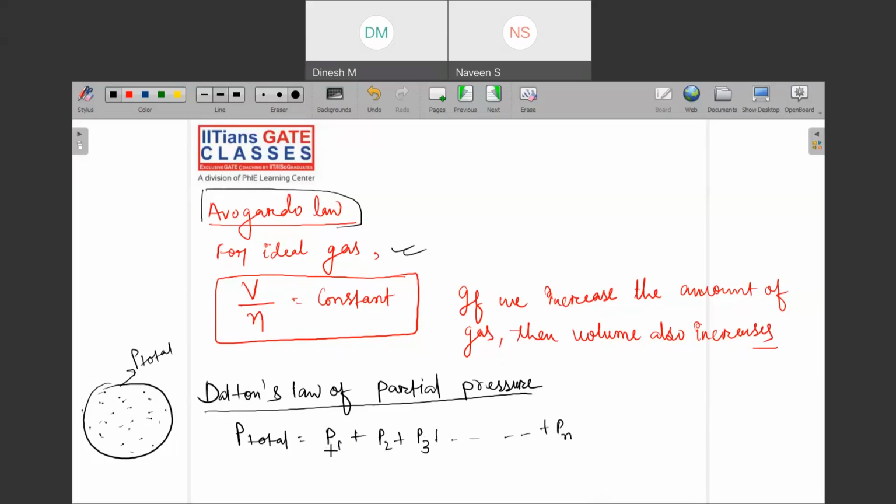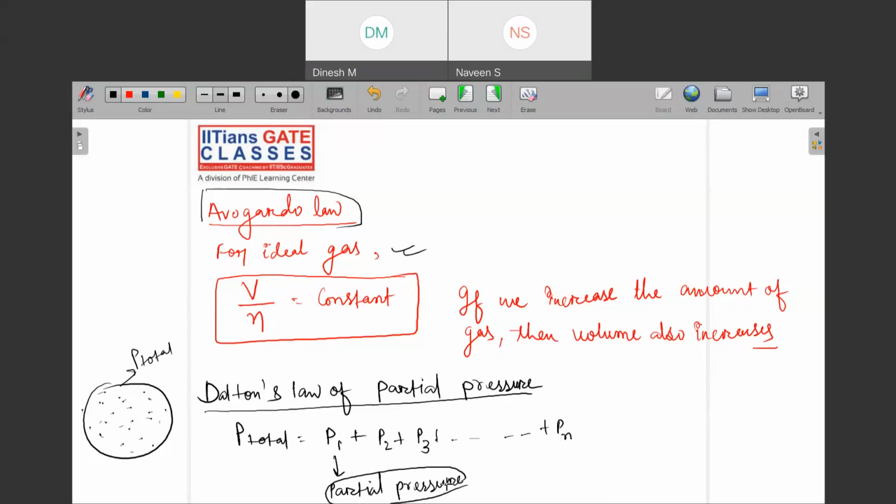Let us say there is oxygen and hydrogen, then P total will be the pressure of hydrogen plus the pressure of oxygen. This is partial pressure. Partial pressure means the individual gas's own pressure.